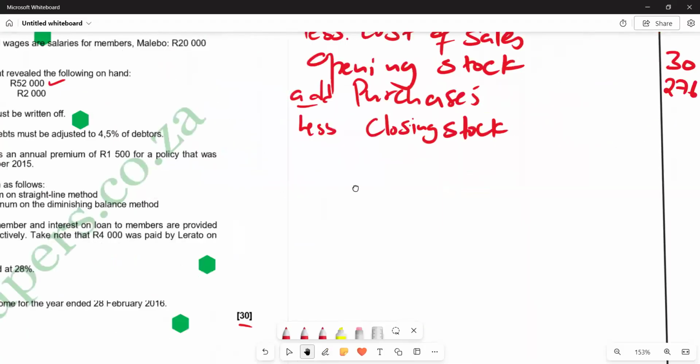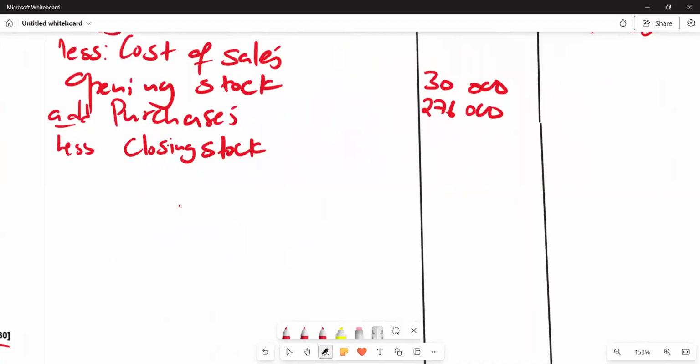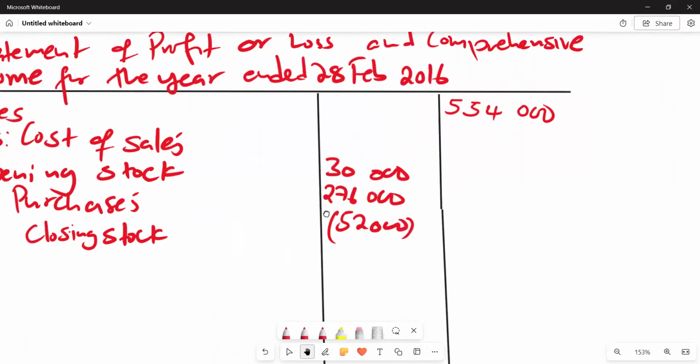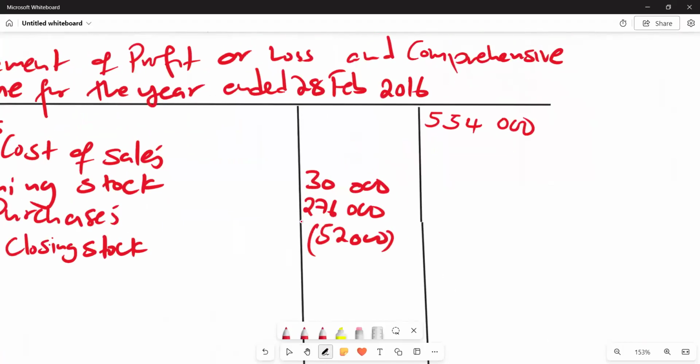So I will come here and we say 52,000. We are going to subtract it. So we are now saying 30,000 plus 276,000 minus 52,000. Then the answer that you're going to get, you're going to put it here, is 254,000.